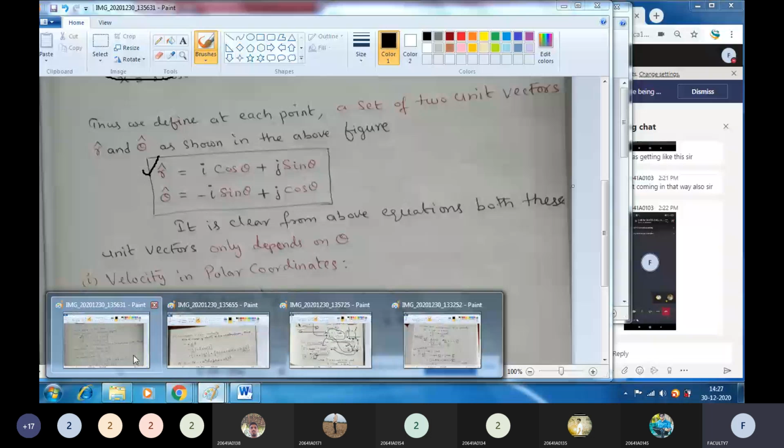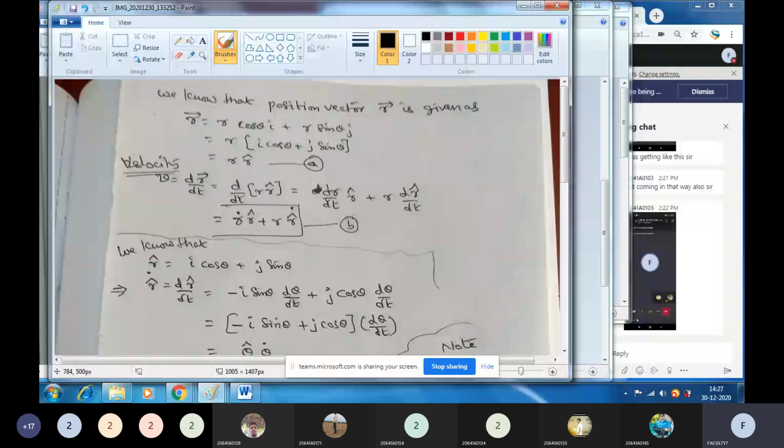You started with r, which is given as xi plus yj. You substituted x equals r cos theta and y equals r sin theta. From there you got the common factor r, and you substituted this as r cap.